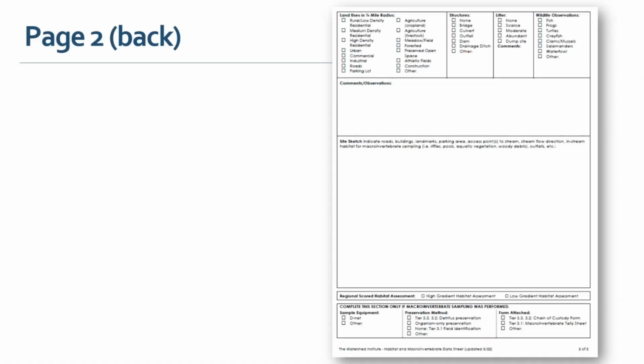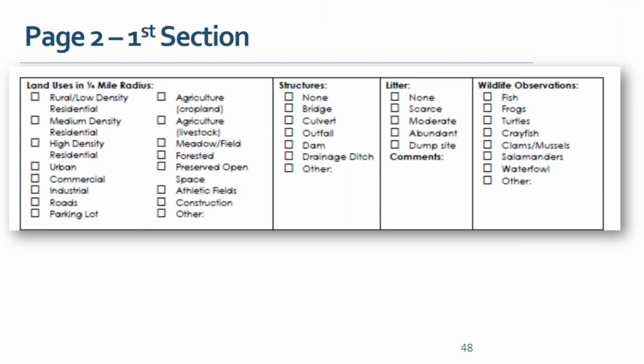Now we're already jumping to page 2 on the back of the data sheet. So this is what the full page looks like, and I'm going to be going into each part separately. So at the top, we want you to check off what land uses are within about a 1/4 mile radius of your site.